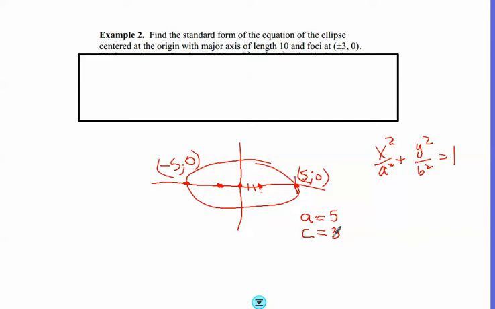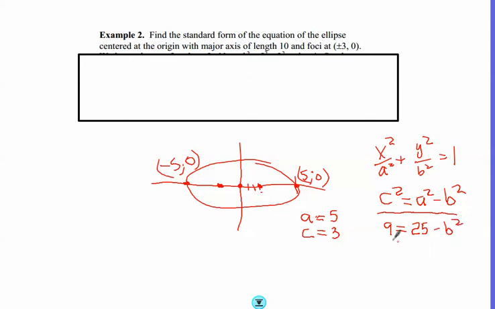From the last example, let's go grab that equation: c squared equals a squared minus b squared. We're going to have to calculate the value of b so that we can write an equation. Substituting in 3, c squared is 9 equals a squared, which is 25, minus b squared.